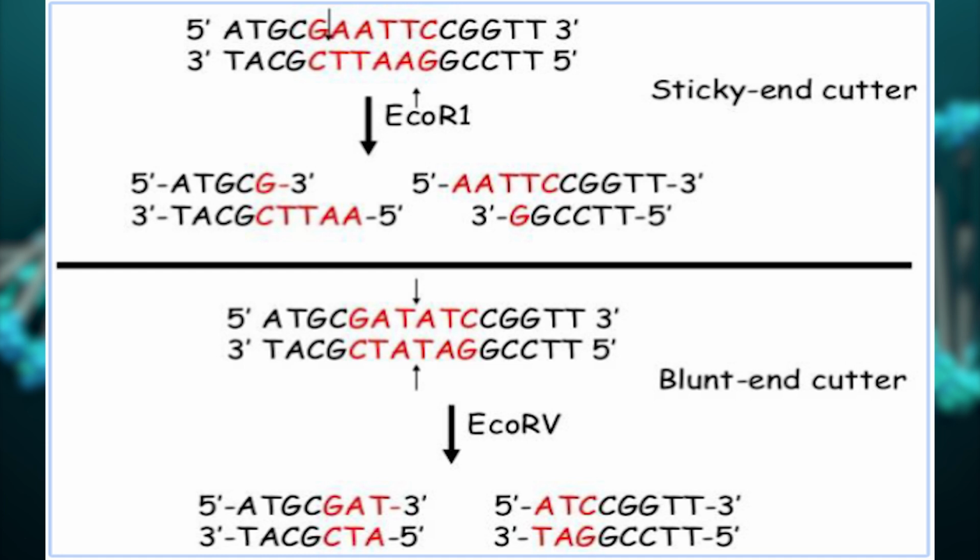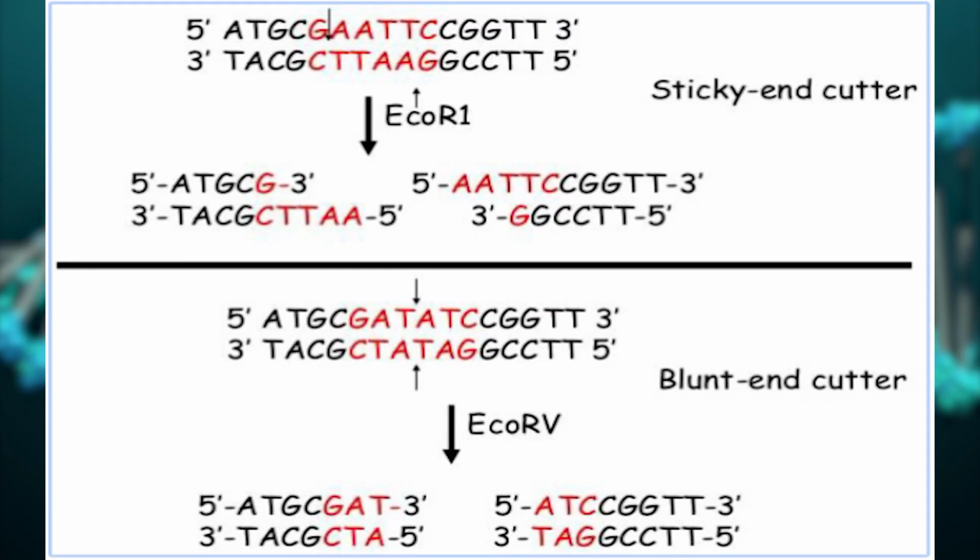We can see that the ends created are sticky when cut by EcoRI. In the upper strand, the DNA ends there itself, but in the second strand we have a staggered cut. That is basically how a sticky end cutter works. I hope it is now clear to all of you.